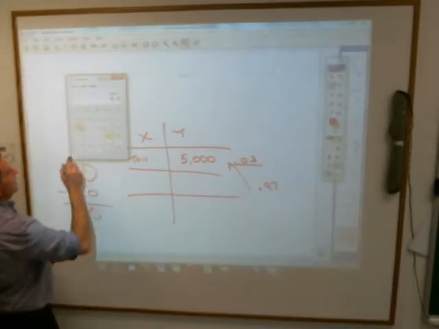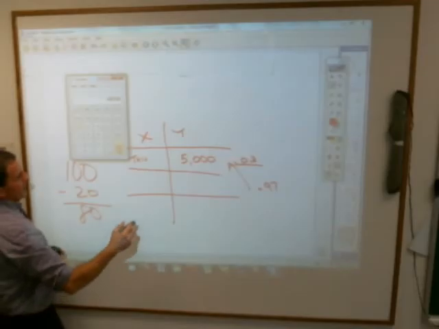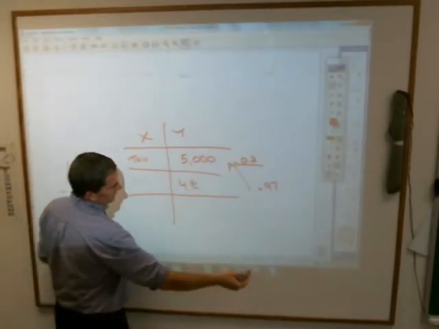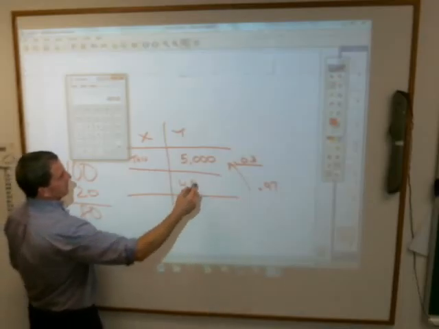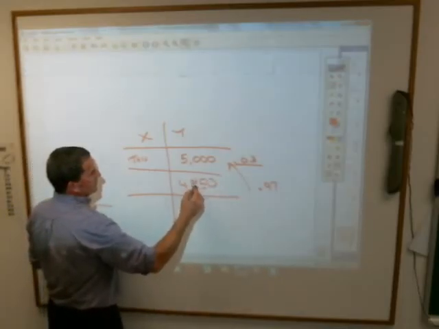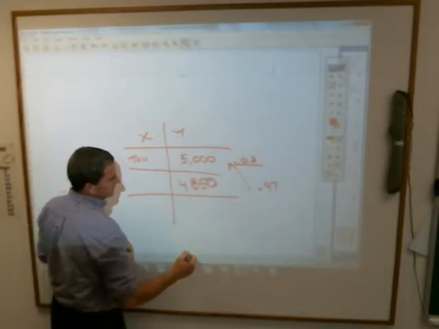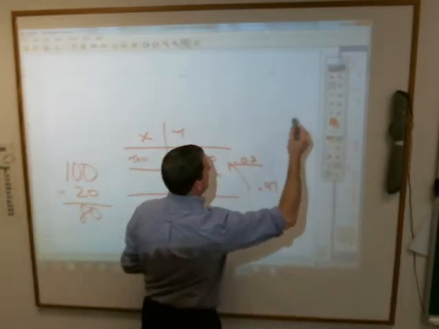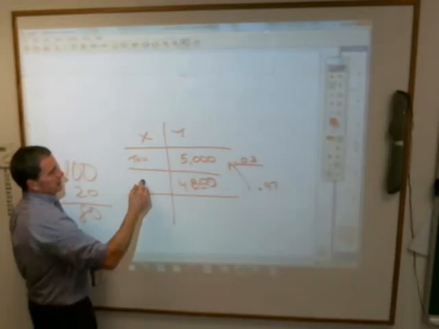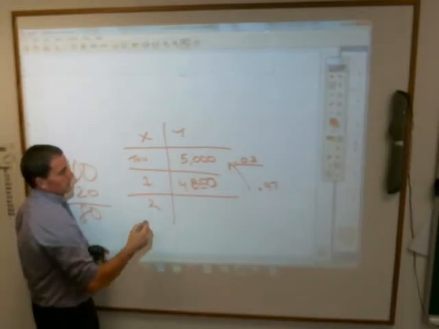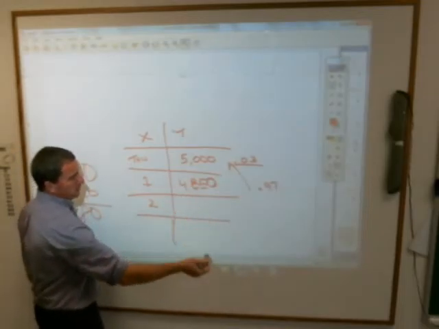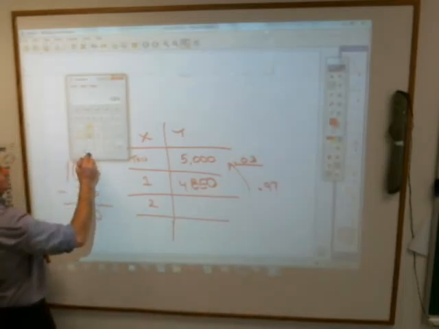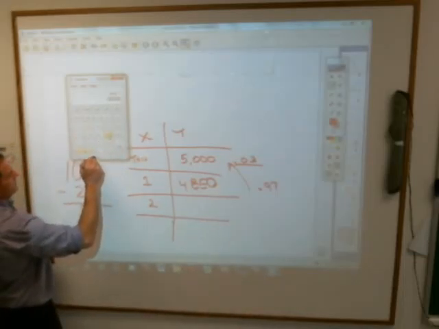Times 0.97. So now the population is 4,850. What am I supposed to do this to? Until I get to what? After 3 years? Yes. And what year was this? This is after 1 year. After 2 years, you'd have to take that new number and multiply it, 4,850 times 0.97.